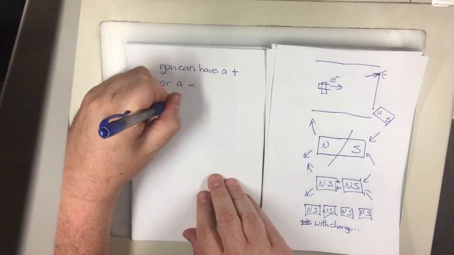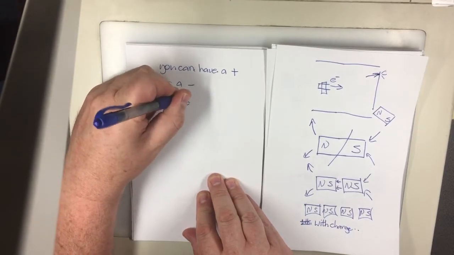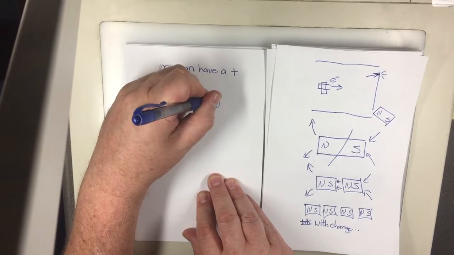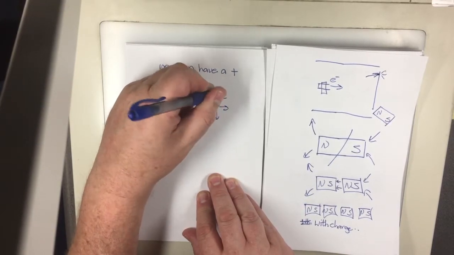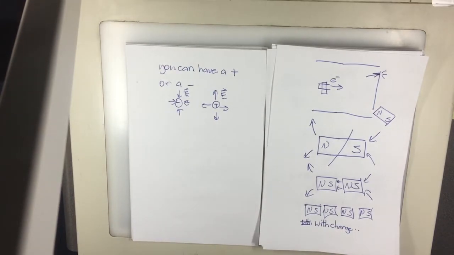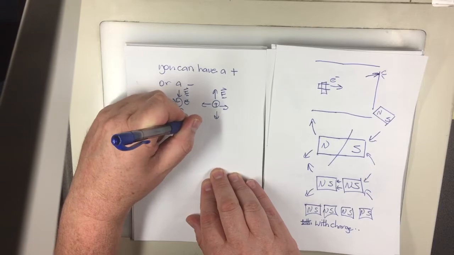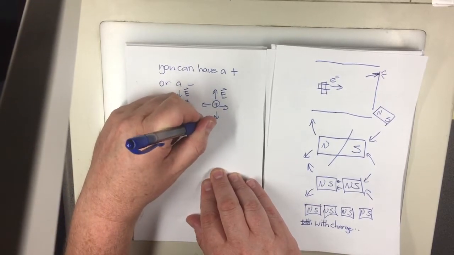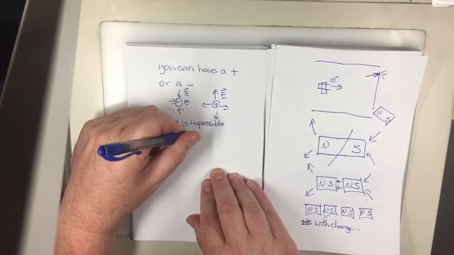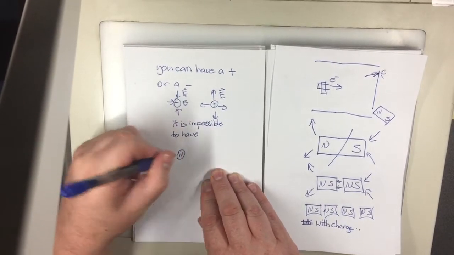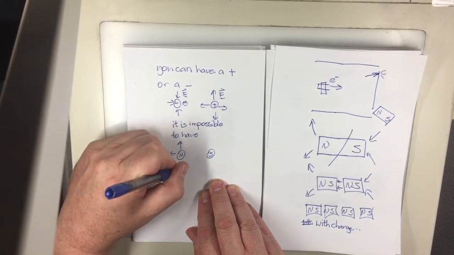You can have a negative where the E fields all look like this or like this, all in or all out. It is impossible, as far as we know, to have that.